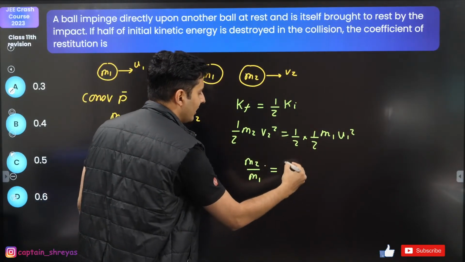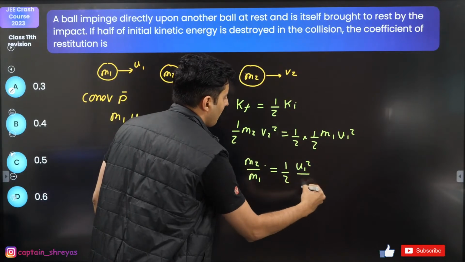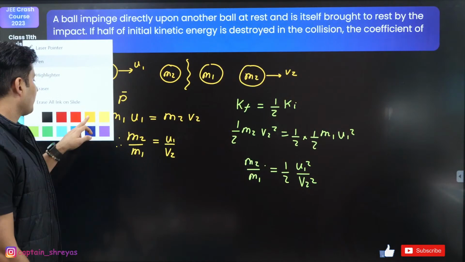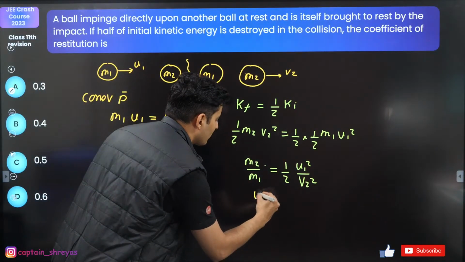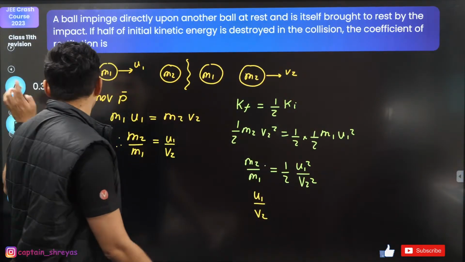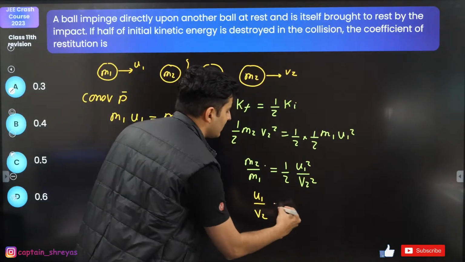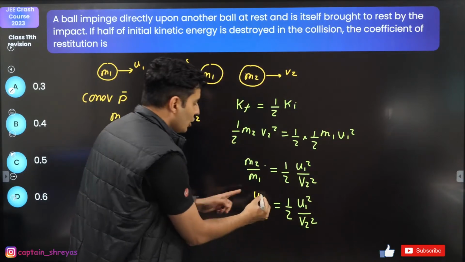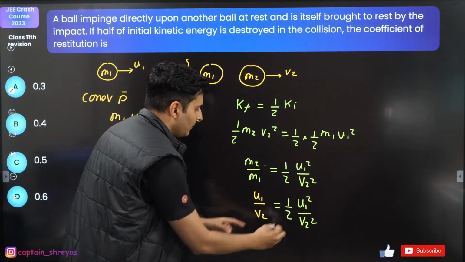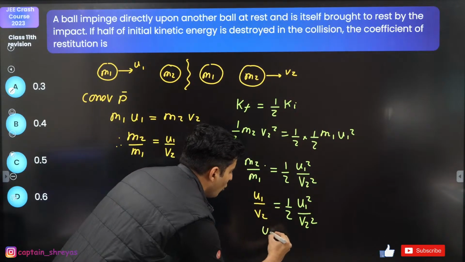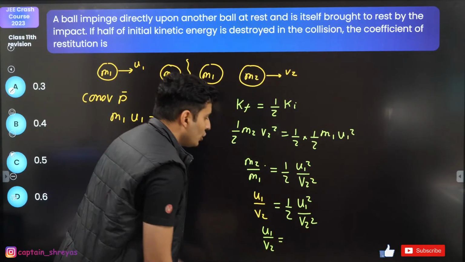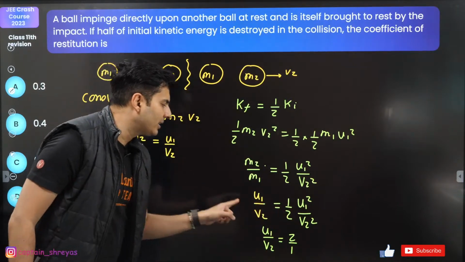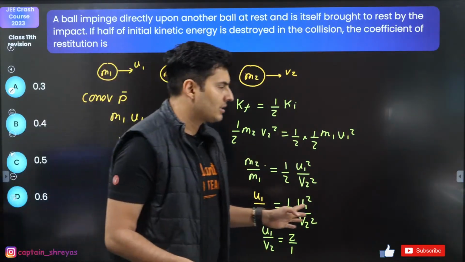So only half will remain. So U1 square by V2 square. But wait a minute, M2 by M1 is U1 by V2. So just put U1 by V2 over here. Rest of the things are as it is. So half into U1 square by V2 square. U1, V2 gets cancelled. So I'm just getting U1 by V2. U1 by V2 is basically 2 by 1. That's what I got. Take that 2 on the other side and cancel the rest.